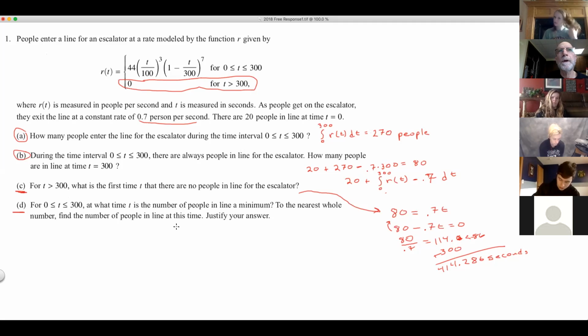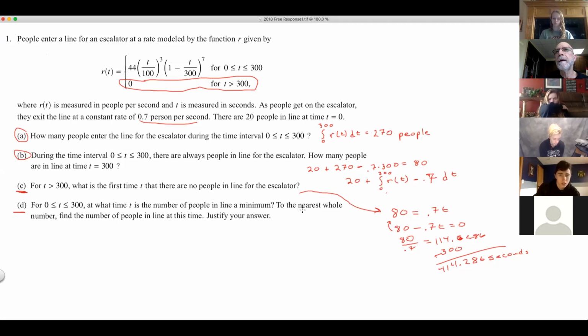To the nearest whole number, so make sure you see it's the nearest whole number and you're not rounding to 3 decimals in this case. Find the number of people in line at this time and then justify your answer.